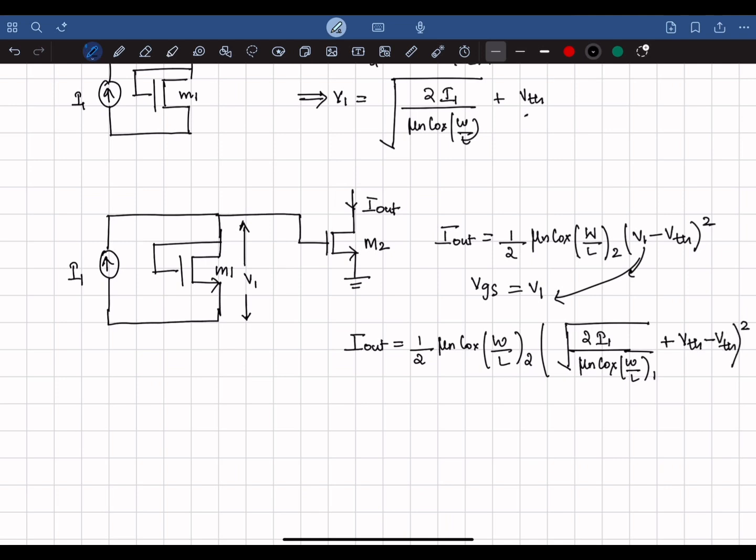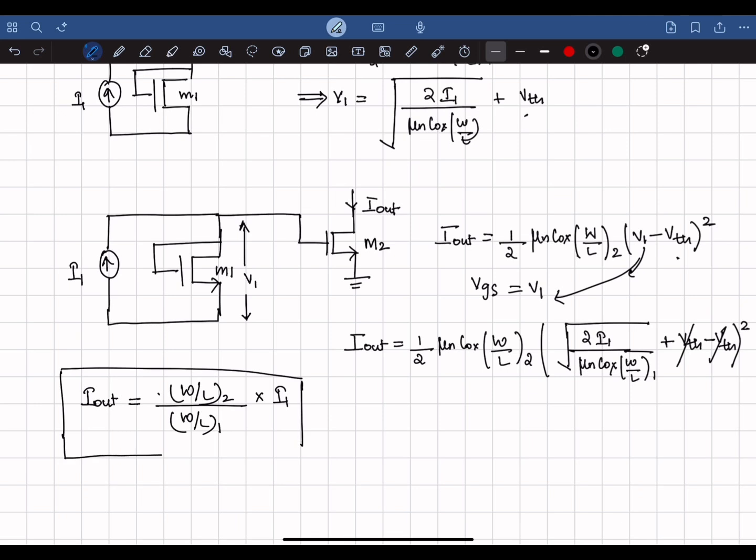There is a plus VTH here and a minus VTH here, so cancelling out all the terms, the square root and the square cancel, and we get W/L of transistor 2 divided by W/L of transistor 1 into I1. And this is how the current mirror calculation can be done.